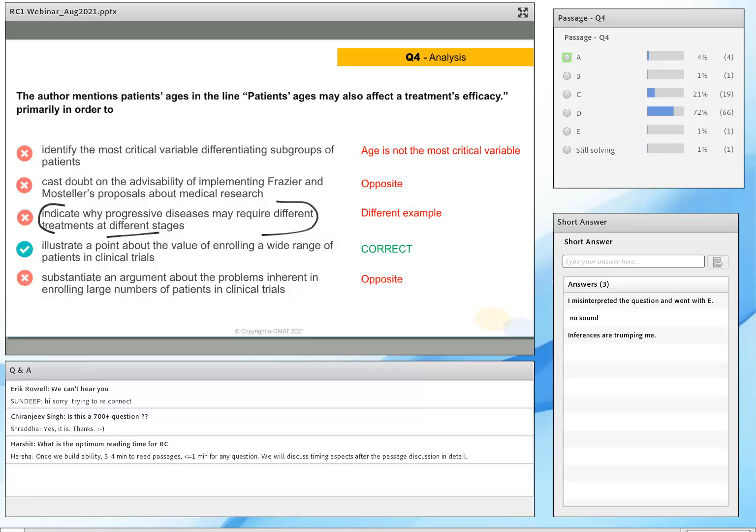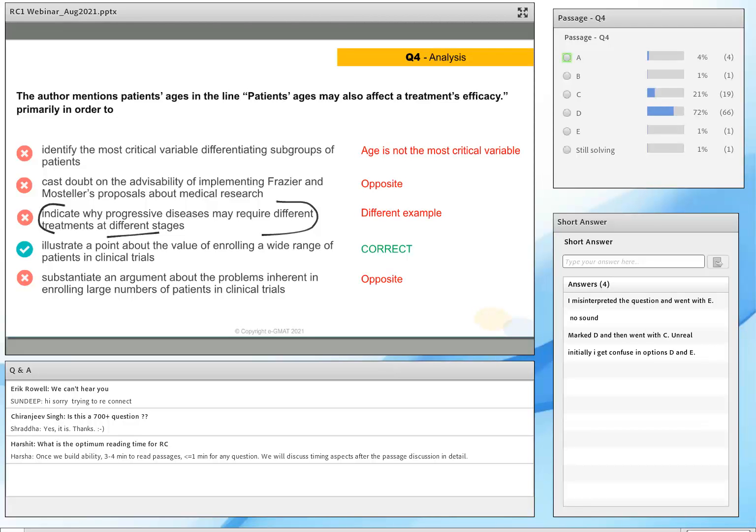Does the passage really say that if we do this, we will be able to understand why people at different stages will require different treatments? Is that the reason why this is being done? Not at all. That is definitely not why the patient's age group has been mentioned.